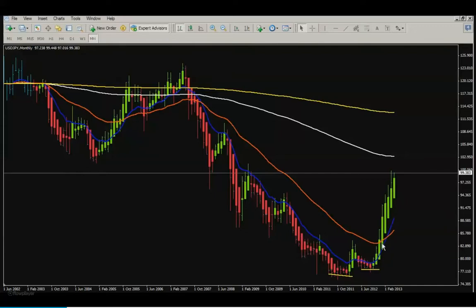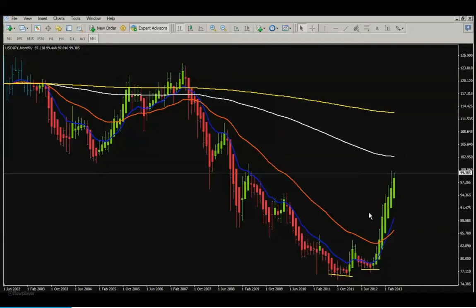You see even the 12 has crossed the 36 up, and that is enough information for you to understand the direction of this pair right now, right? So is it a downtrend here or an uptrend? Of course it's an uptrend.